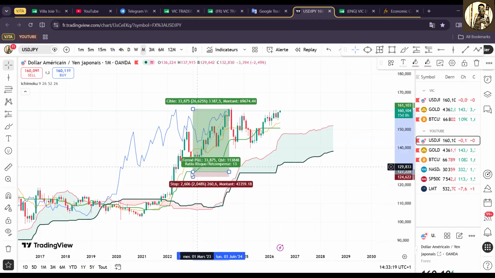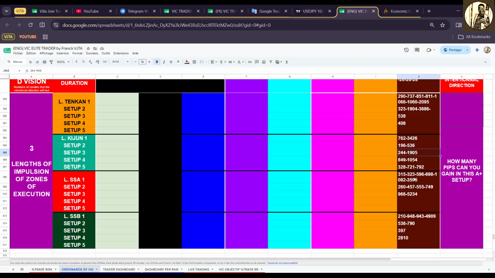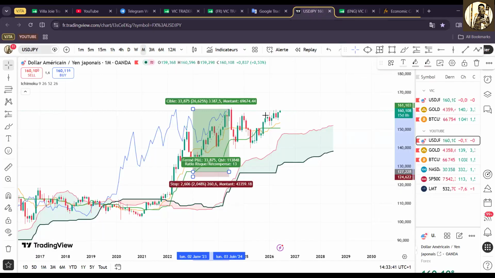and change your mindset. For example, this one is a Kijun setup on monthly. The number of pips for the take profit is 3,387. So when I come here to check the number of pips on Kijun, I see 3,008 and 400, right?